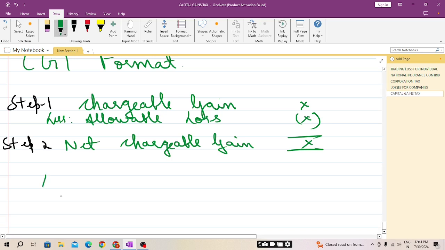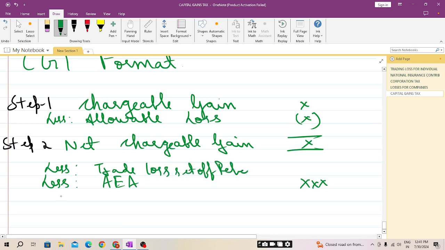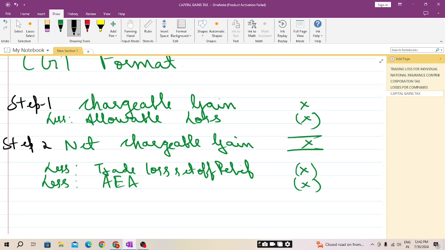Then, students, we will deduct our AEA, the annual exempt amount. Here also, students, before that, please do remember trade loss set off relief. This we have studied in our trading loss chapter, students. Please do remember. We have covered the format there also. Less AEA; this is step number 3.